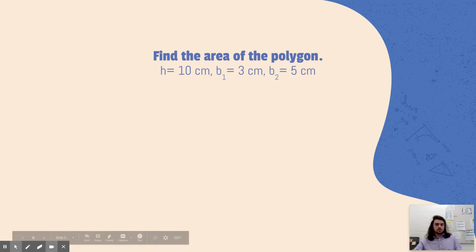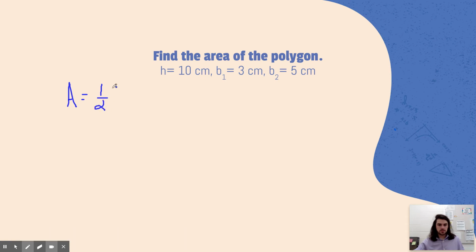This is when Mr. Donnelly's being lazy or wants to be really nice to you, where you just have to plug in where you see the things instead of trying to read the image and figure it out. All you have to do is write out the formula. 1/2 times height times base 1 plus base 2.